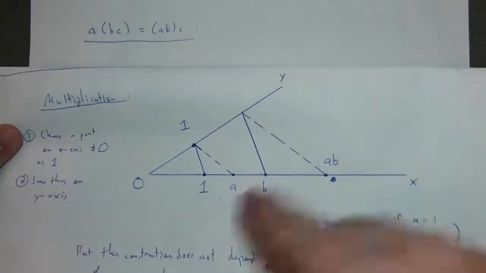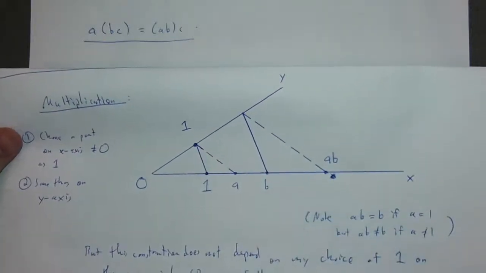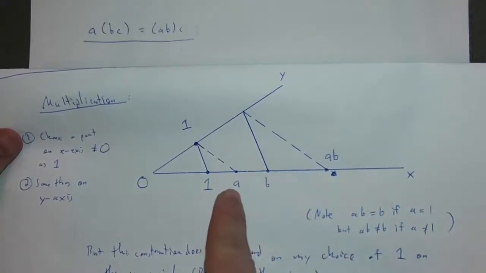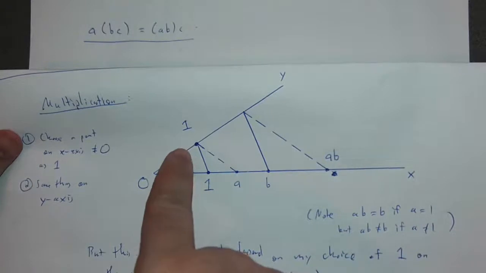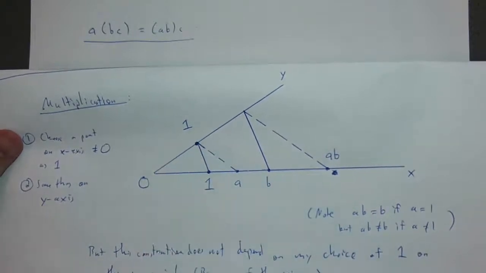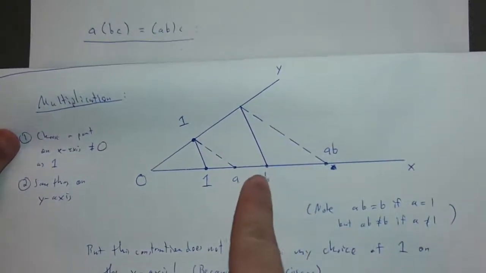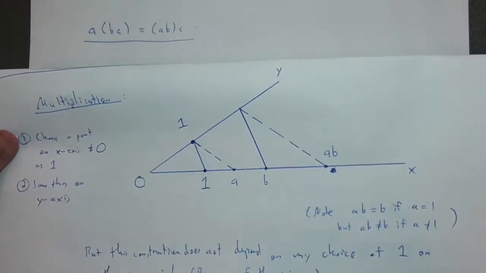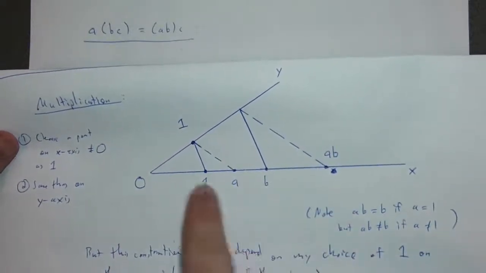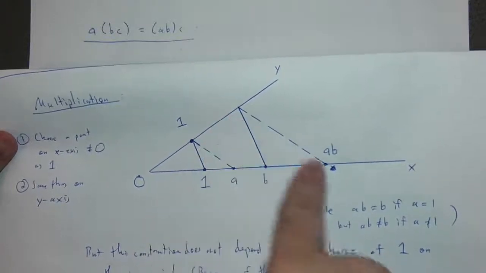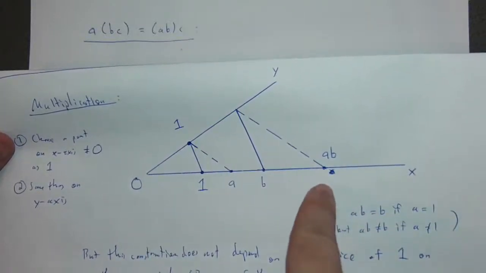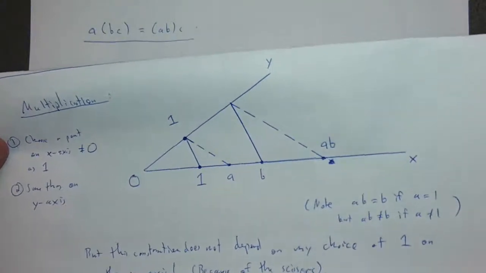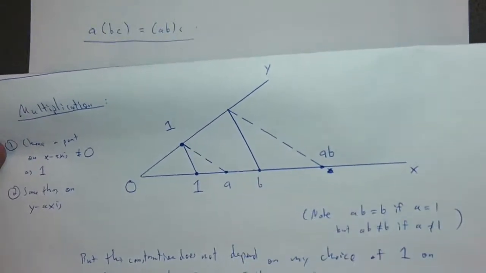So I have my choice of ones here. I have A and B. To do A times B, draw a dashed line from A to 1 on the y-axis. Draw a solid line from B to the y-axis that is parallel to this correspondence line. And then draw in the dashed line from that intersection point to the x-axis, and that intersection point is A times B. Okay? So that's how we do A times B.